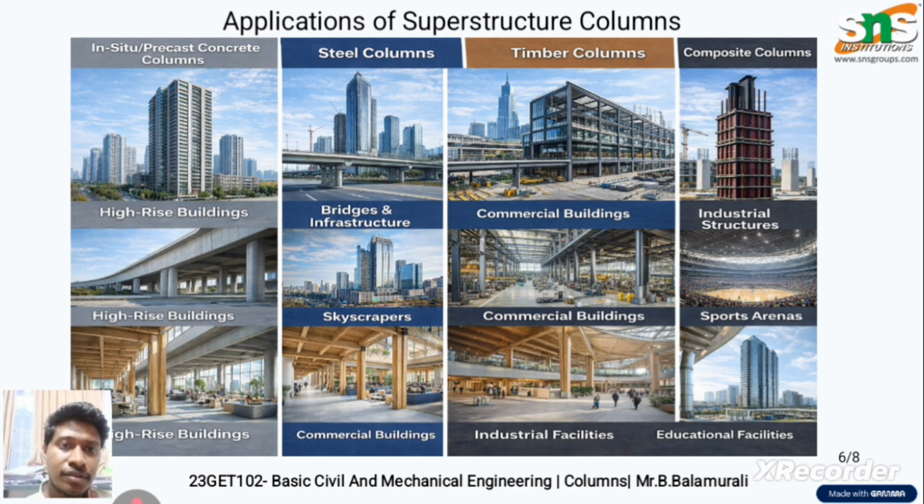Steel columns can be utilized in skyscrapers and commercial buildings, and malls. Timber columns can be used in commercial buildings and industrial facilities. Composite columns are used in sports areas, educational institutions, and industrial structures.